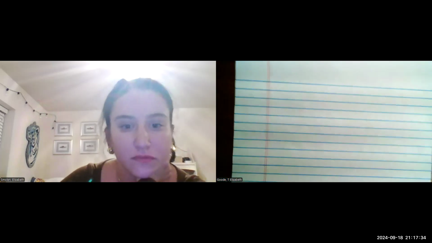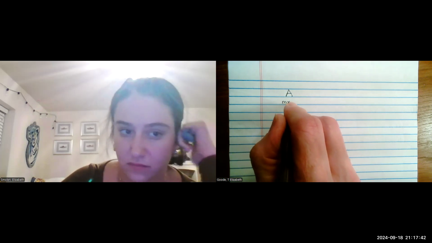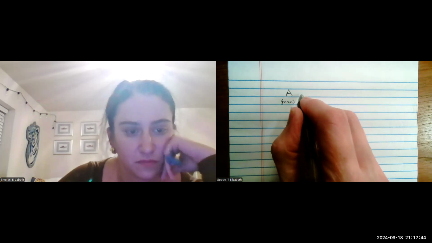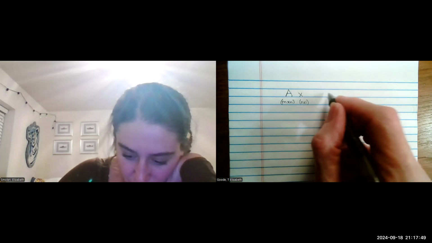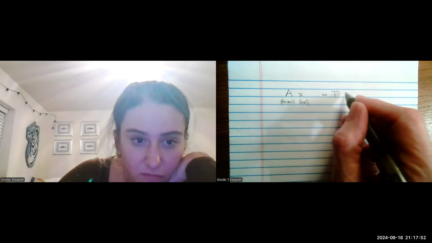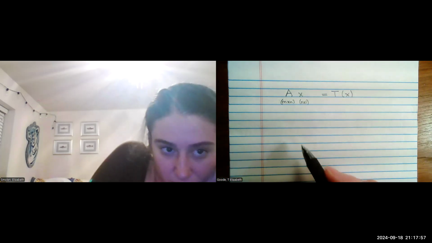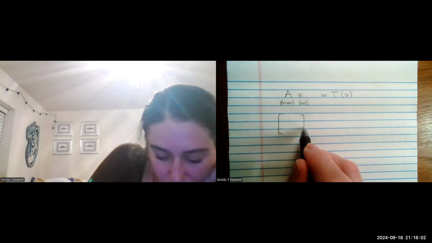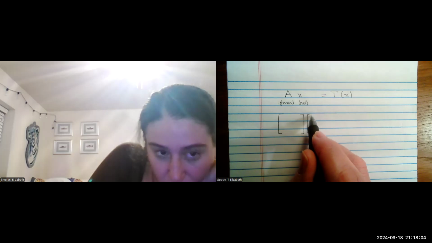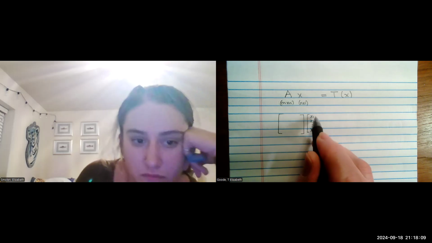Because this comes up in the homework that you're working on now. Okay, so if A is m by n, so m rows, n columns, and X is a vector n by 1, and that is equal to T of X. Normally we write A and we write X like this, like X1, X2, dot, dot, dot, X sub n.